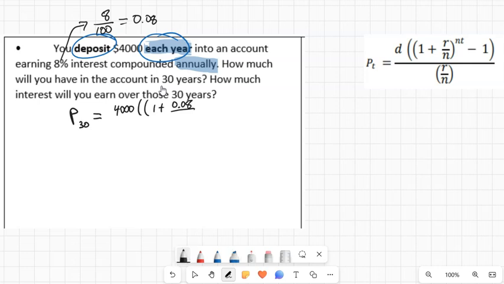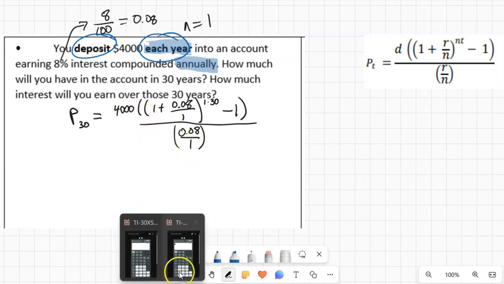So N equals 1 time a year. N is 1, T is 30. We have minus 1, close the numerator parenthesis, divide by the 0.08 divided by 1. And everything on the right side is known, so we just have to work out our calculator.